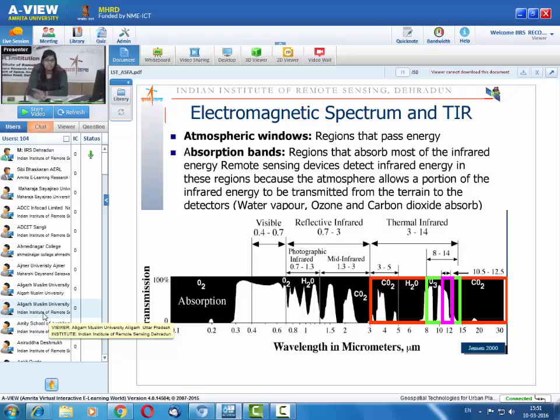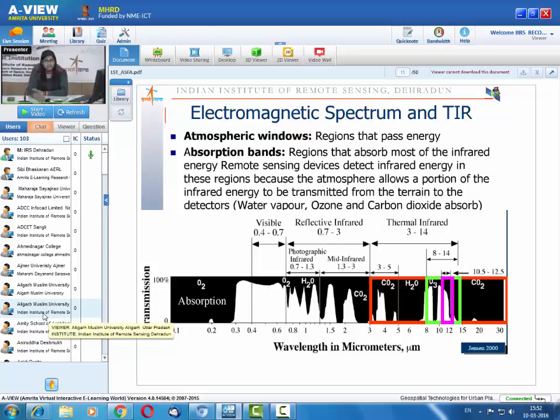Atmospheric windows are those windows which have less effect of the atmosphere, less effect of the atmospheric attenuation, which takes place due to water absorption, water vapor, ozone, carbon dioxide, because these elements absorb. So the atmospheric windows are those regions that help in passing through the energy.